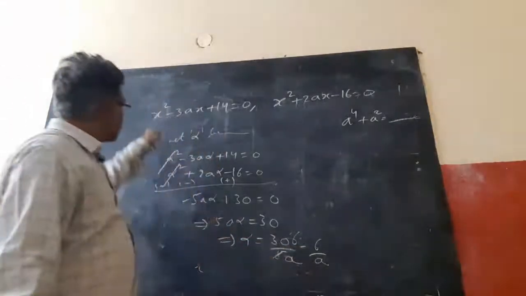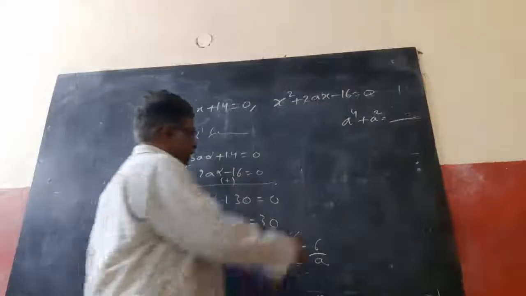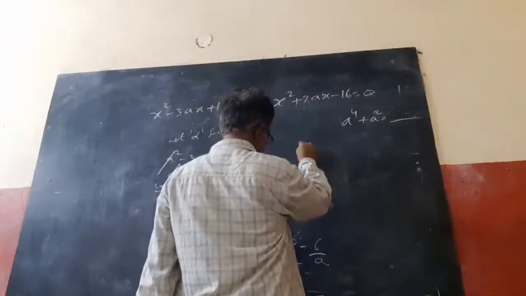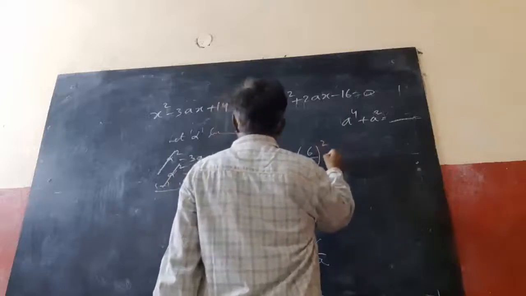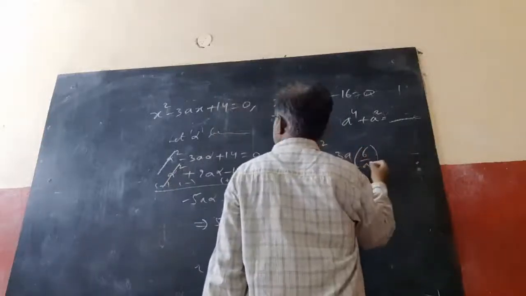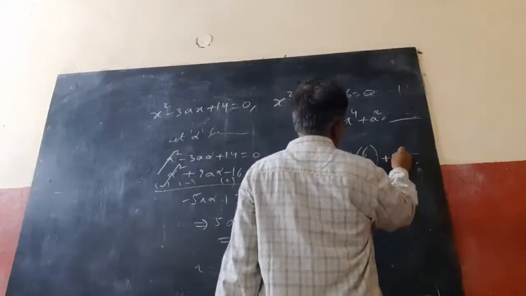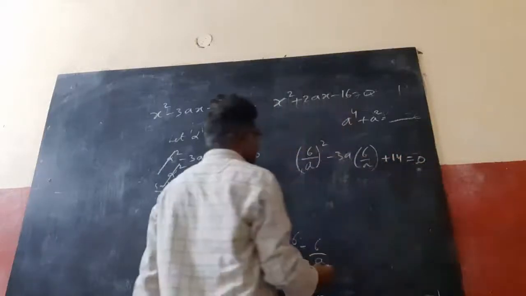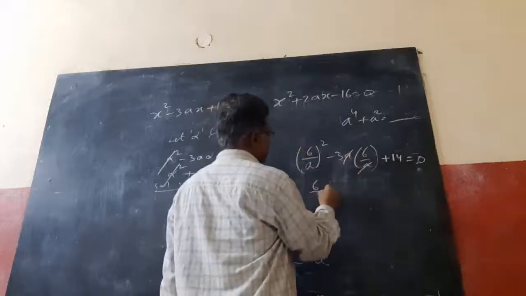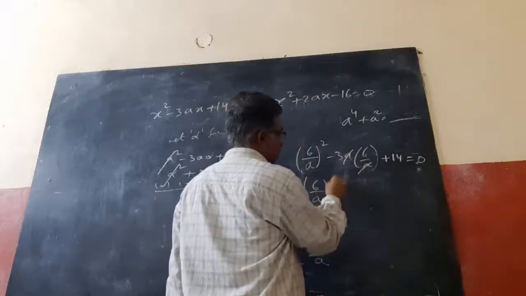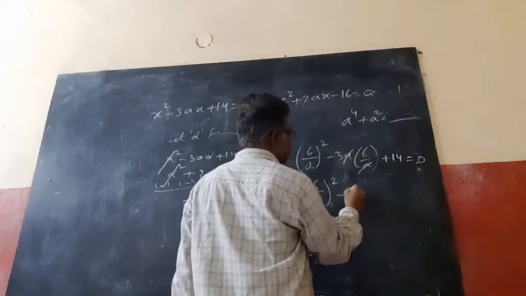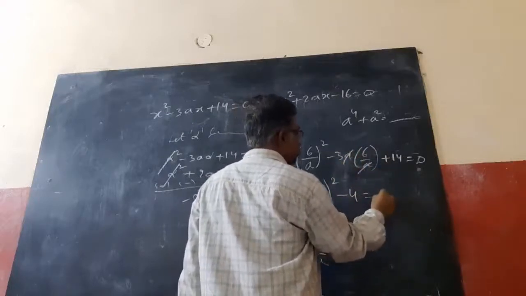If I substitute 6 by a here, what do I get? 6 by a whole square minus 3a into 6 by a plus 14 equal to 0. So we get a here also. This a gets cancelled and 6 by a whole square minus 18 plus 14, so minus 4 equal to 0.